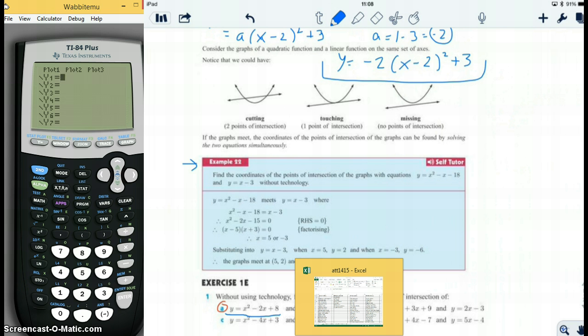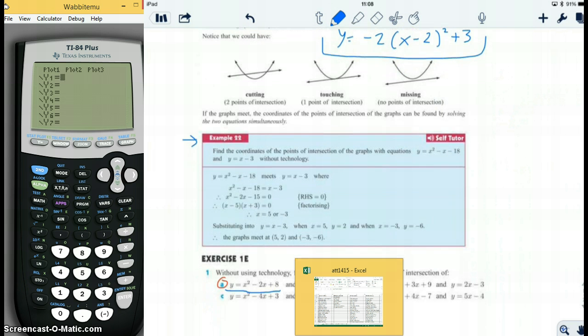The easiest way is to set y to be the same. So we set these two equal to each other. Can you see where they did that here? They took this quadratic equation and this linear equation and set them equal to each other because the y's are going to be the same.